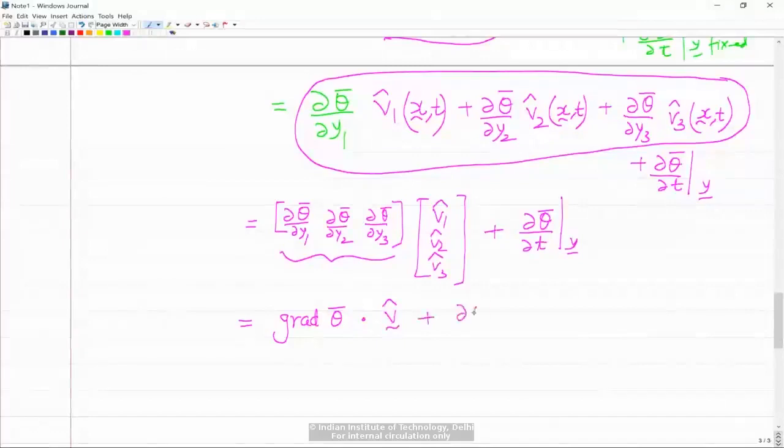Plus this del theta bar by del t at fixed y. Okay? So you see, that's how we have related the two. So on the left hand side, we had del theta hat by del t at fixed x. So when you relate, this is what you get. So you can see that you have an extra term here.